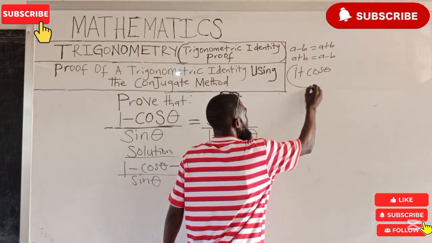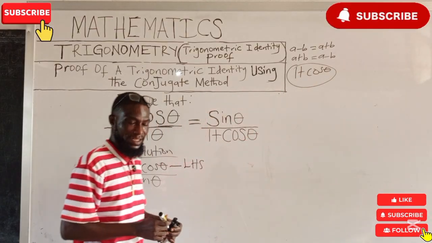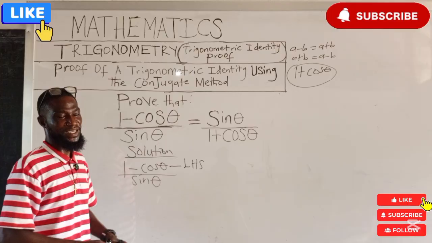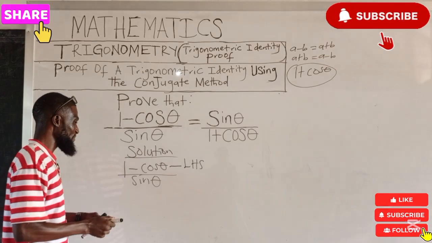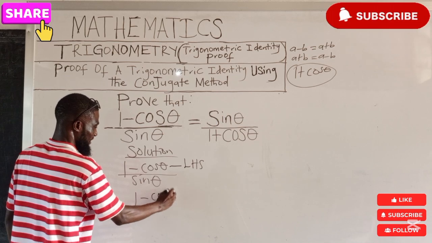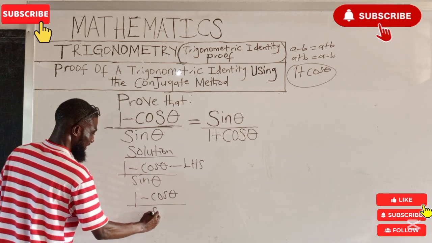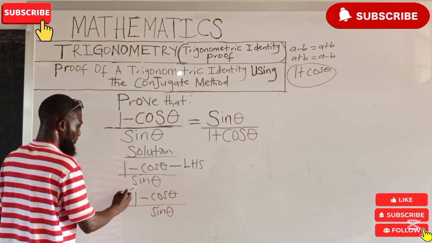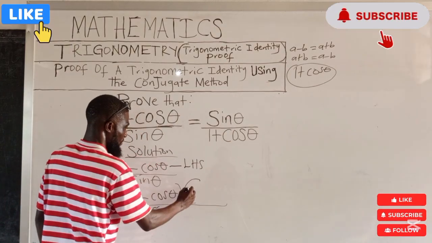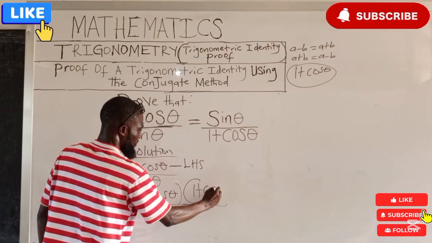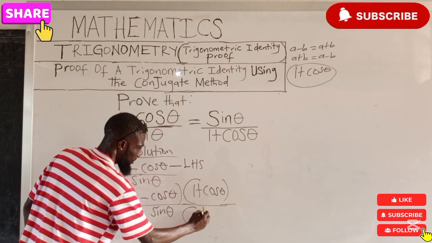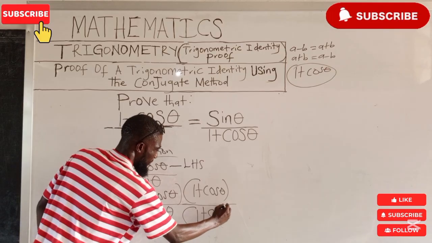So on this note, ladies and gentlemen, we'll be using 1 plus cos theta to multiply both the numerator and the denominator. We say (1 minus cos theta) over sin theta; we put this in parentheses. Parenthesis open, 1 plus cos theta, parenthesis closes, over parenthesis open, 1 plus cos theta, parenthesis closes.